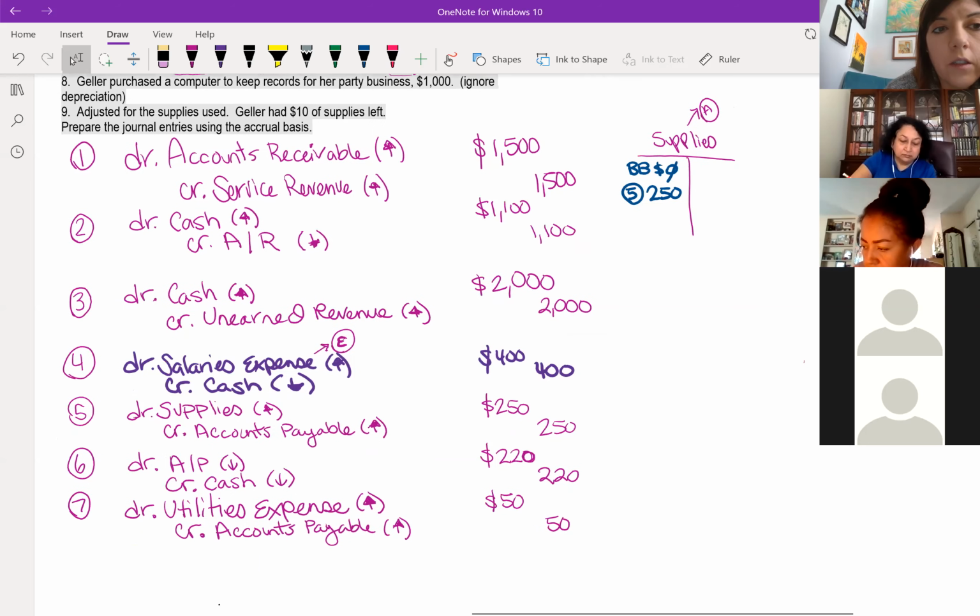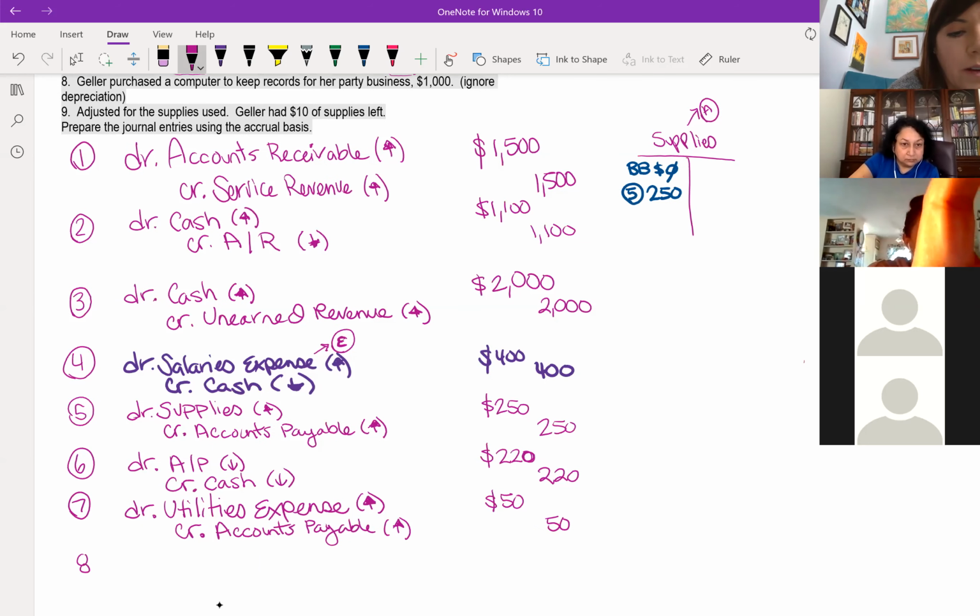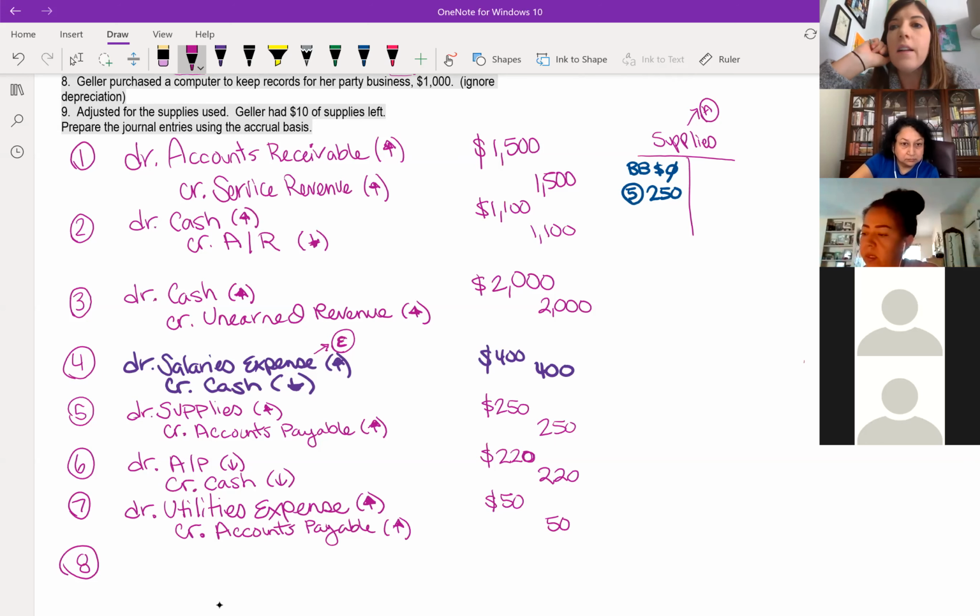2 left. Number 8. Christian, do you want me to make the T account for accounts payable, or are you asking if you can make one for accounts payable?